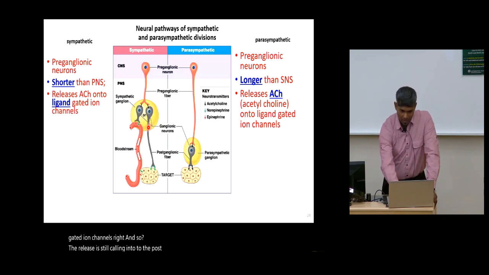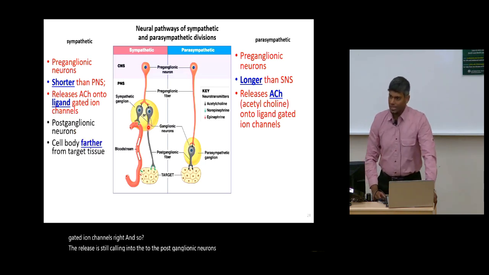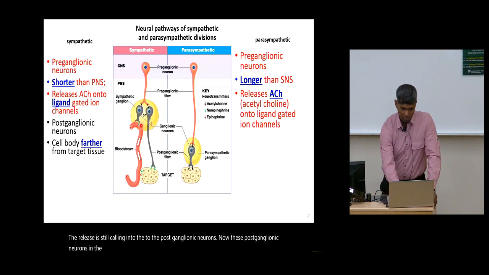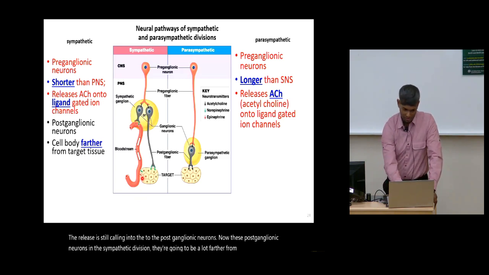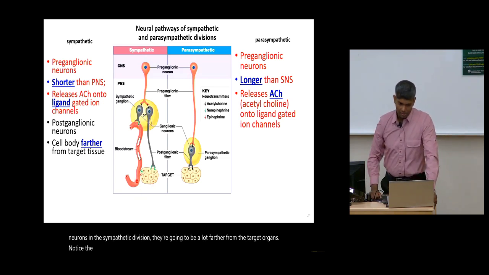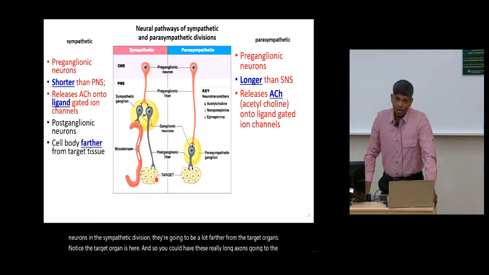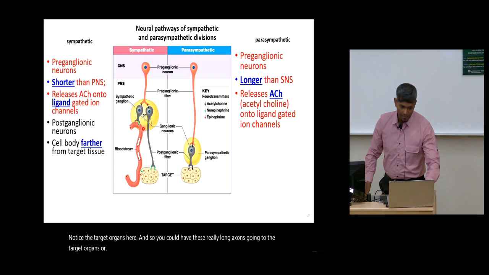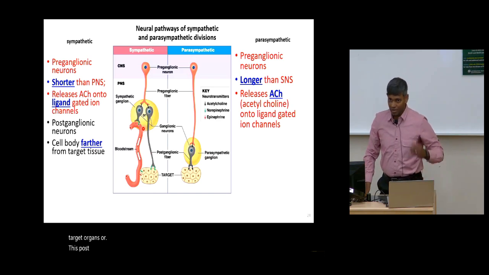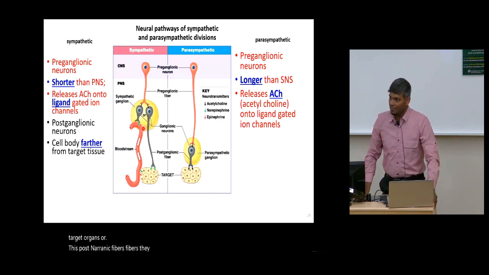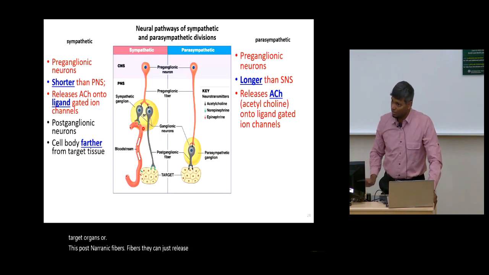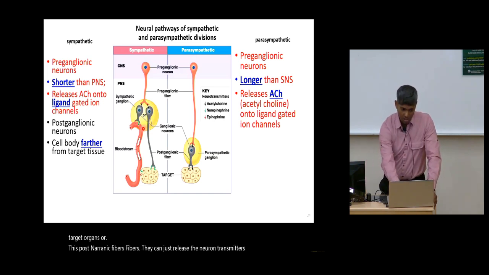postganglionic neurons. Now these postganglionic neurons in the sympathetic division are going to be a lot farther from the target organs. So notice the target organ is here, and so you could have these really long axons going to the target organs, or these postganglionic fibers can just release their neurotransmitters or hormones into the bloodstream.